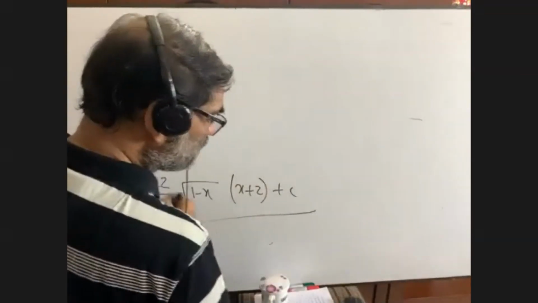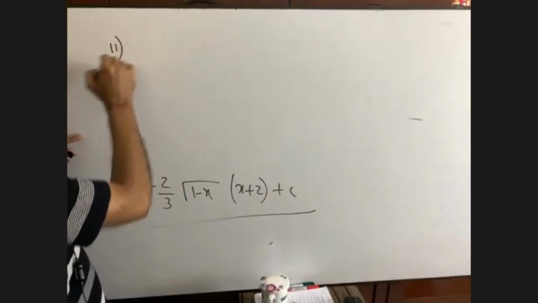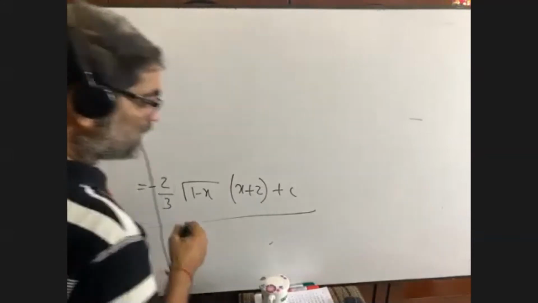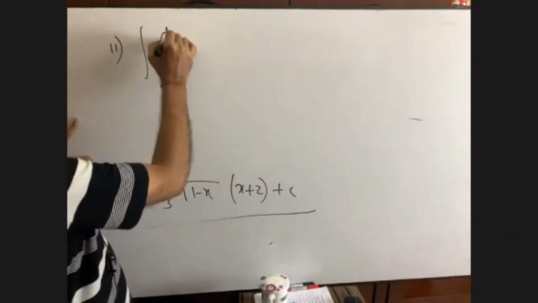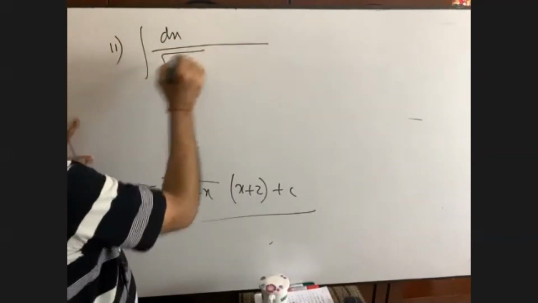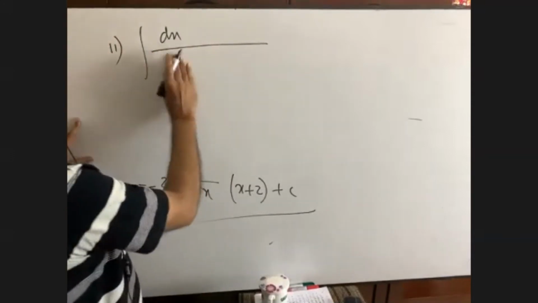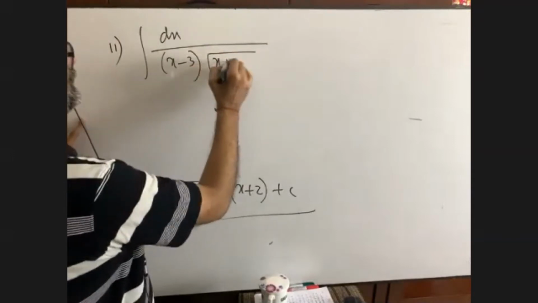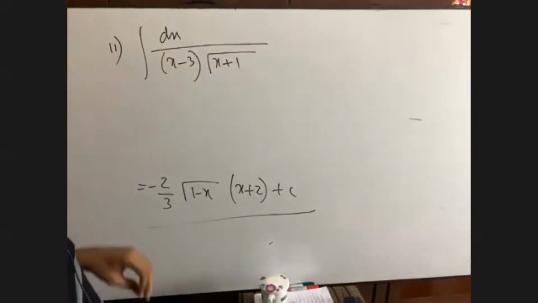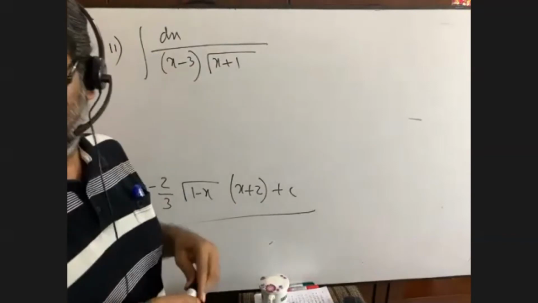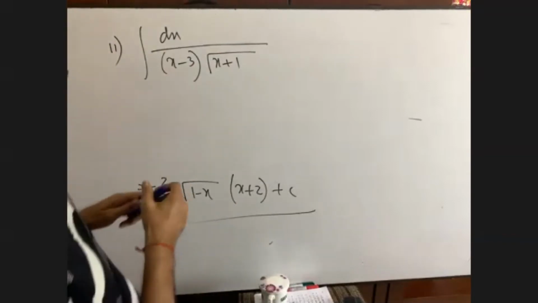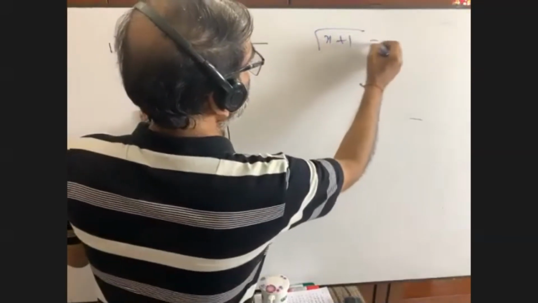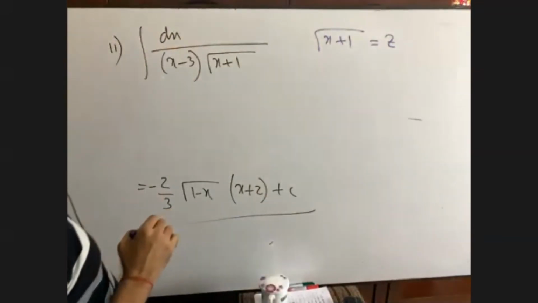Then question number 2. dx by x minus 3 root over x plus 1. Do it. What will you do? Just talk to me. You just let root over x plus 1 equals to z.